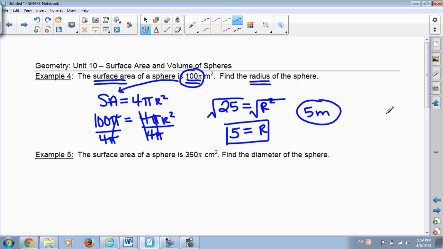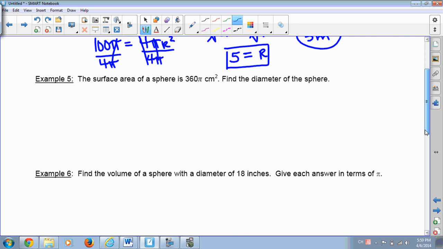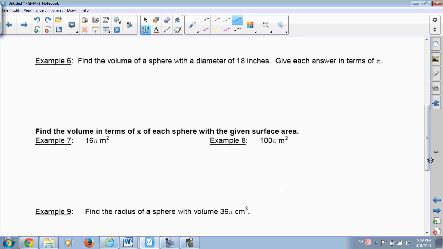Okay, let's move on. We're going to save example 5 for class. Let's move on to number 6. Find the volume of a sphere with a diameter of 18 inches. So we're talking about volume in this case, which is 4/3 pi radius cubed.